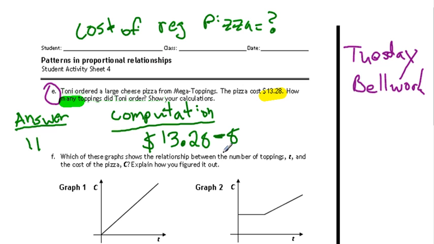So I want you to subtract that for me right now. Do $13.28 minus $8. Pause it right here and do this right now. All right, again, do this right now, subtract it.